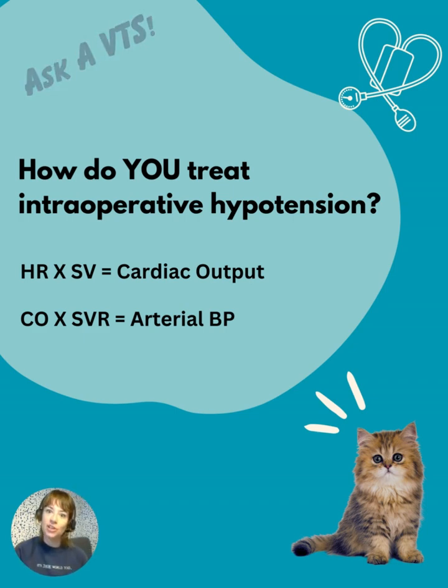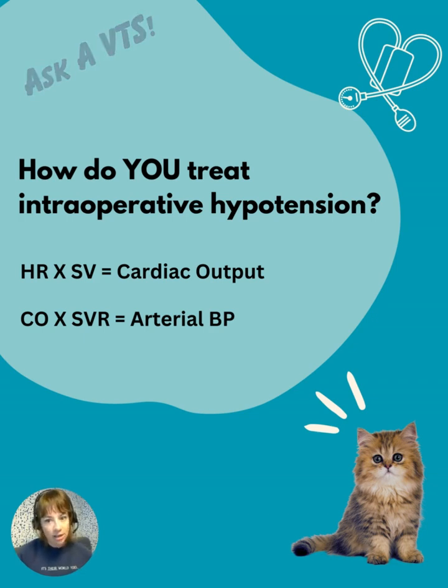So, when you're running anesthesia on a cat or a dog and they become hypotensive, what steps do you take? It is so important to remember these formulas in order to understand why our patients are hypotensive and how to treat them. Cardiac output is determined by heart rate times stroke volume, or the volume of circulating blood.